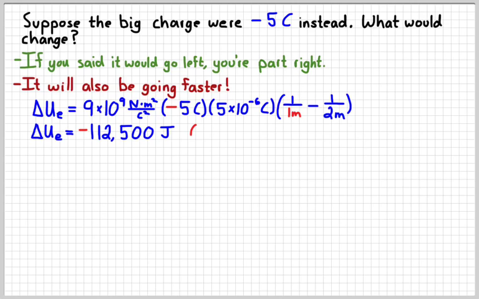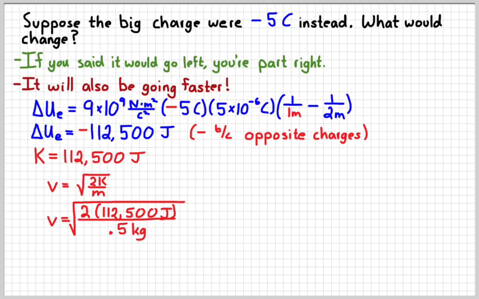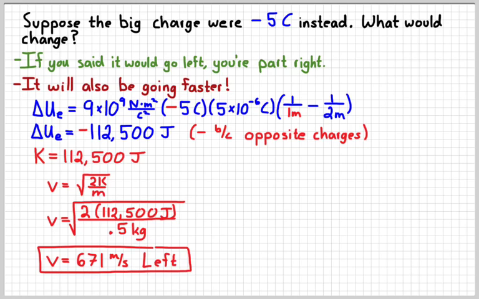It's still negative because I've got two opposite charges now. It's going closer, it's losing energy, but it's getting more negative. And so now the K is going to be larger. And so again, finding my velocity from my kinetic energy, now we would get something like 671 meters per second. That's because it's moving to the left.